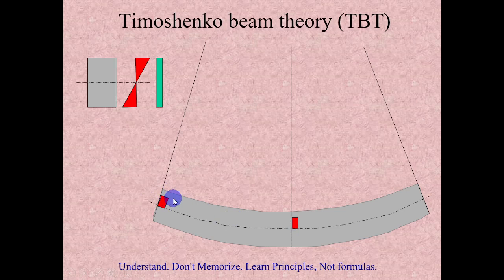It will not maintain 90 degrees; it will be 90 plus or minus some value based on the shear component. If there is no shear, it will maintain 90 degrees. That is the main difference between Timoshenko beam theory and Euler Bernoulli beam theory.